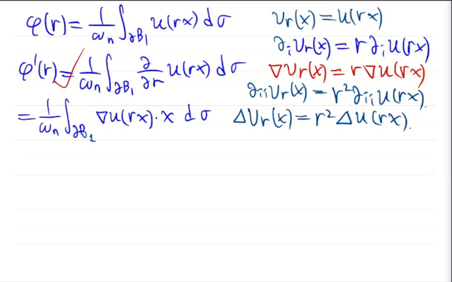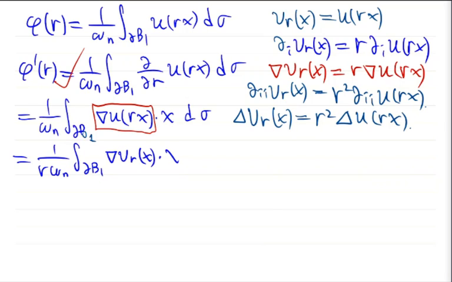Now we go back to our computation. We have the gradient of u at rx. By our relation on the right hand side, we see that this is 1 over r times 1 over omega n, integral over dB1, gradient of Vr(x) inner product with x.